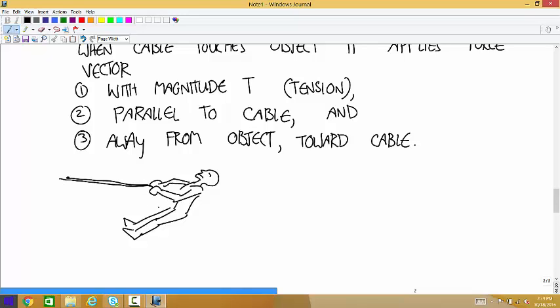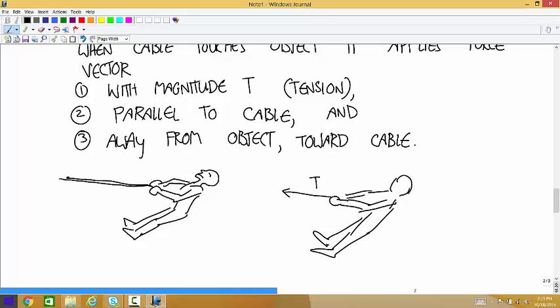The force that that cable applies to this guy is parallel to the cable, away from the guy and toward the cable, so that direction, and the magnitude is T. And so if you figured out the angle that that cable makes with the positive x-axis, you could use cosine and sine to represent that as a vector. You just multiply T times cosine and sine of whatever.